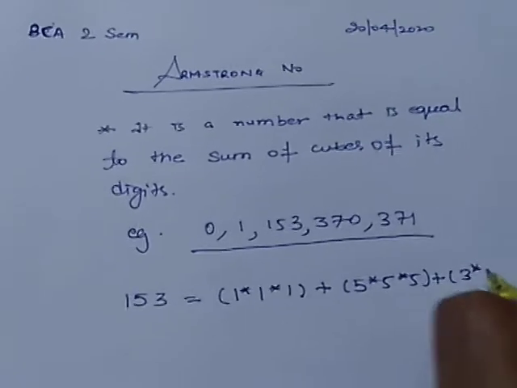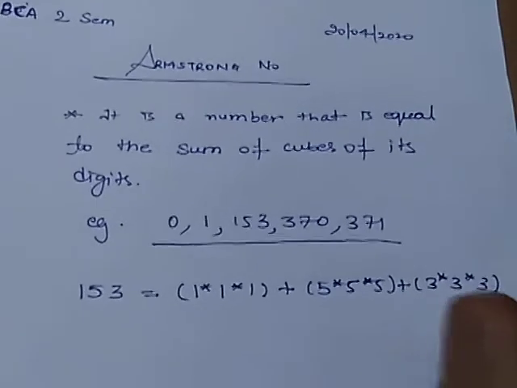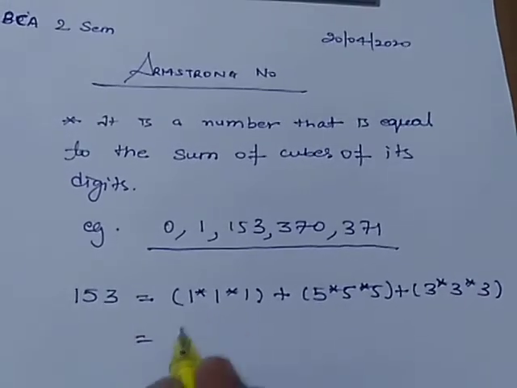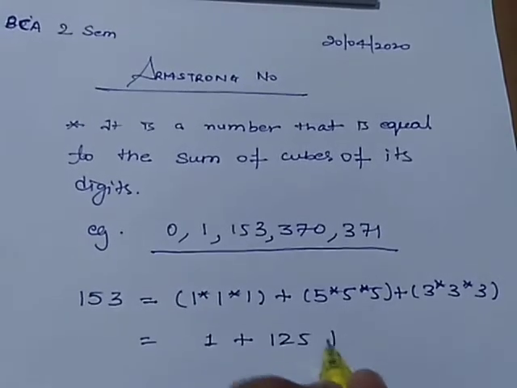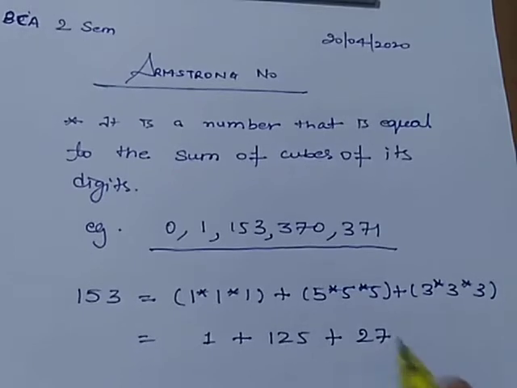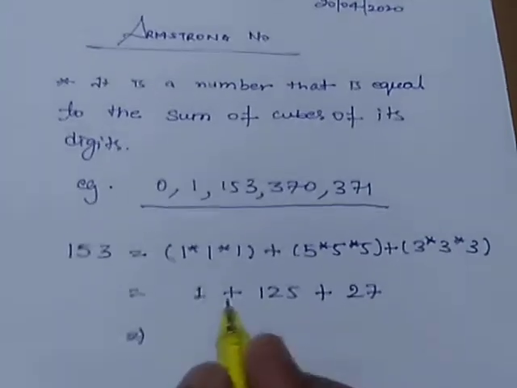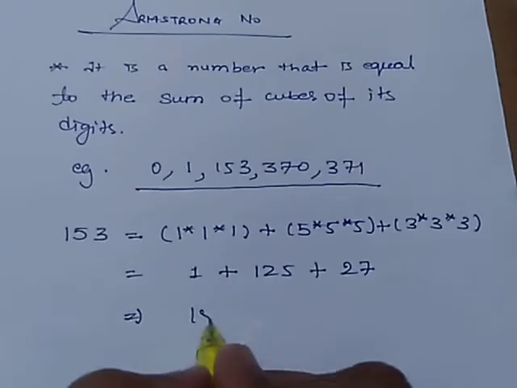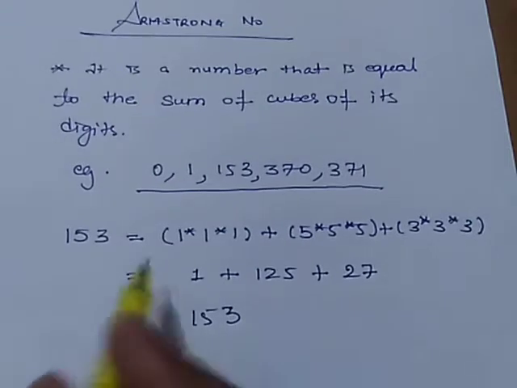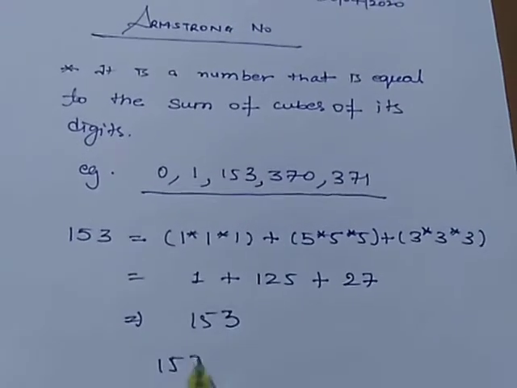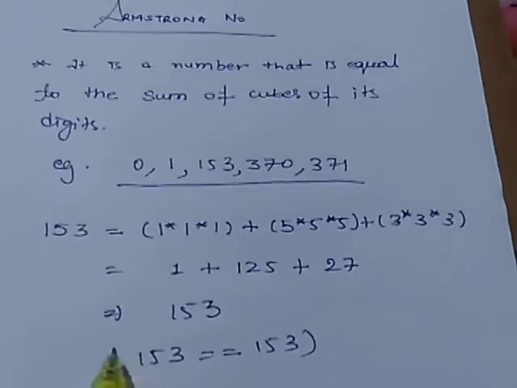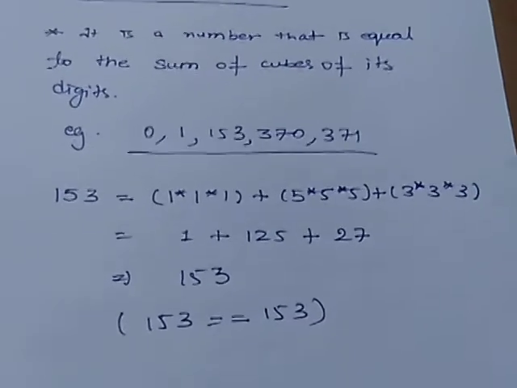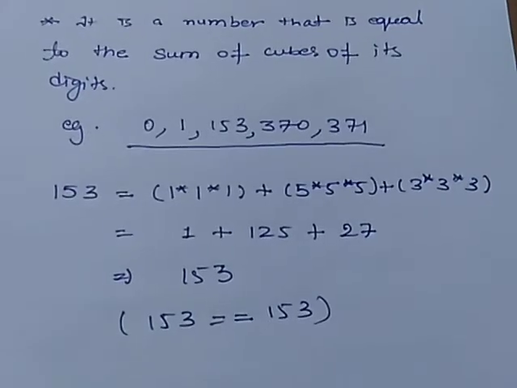Then 3 multiply 3 multiply 3. So here we will get 1, here we will get 125, and here we will get 27. So on taking the sum of these three numbers, we are getting 153. So 153 is equal to 153. So hence it is an Armstrong number.